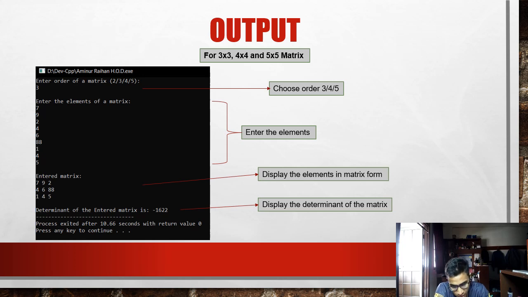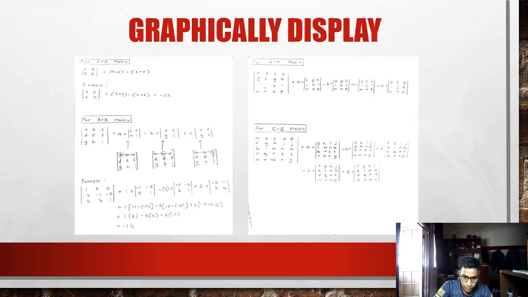Then find the determinant: 7 times, 6 times 5 times 4 times 88 minus 4 times 5, and so on, and then I got 1622. This is my graphical display of how to do it.